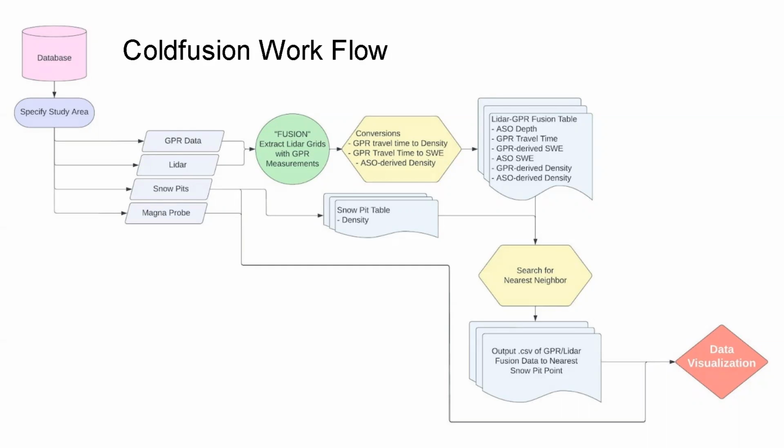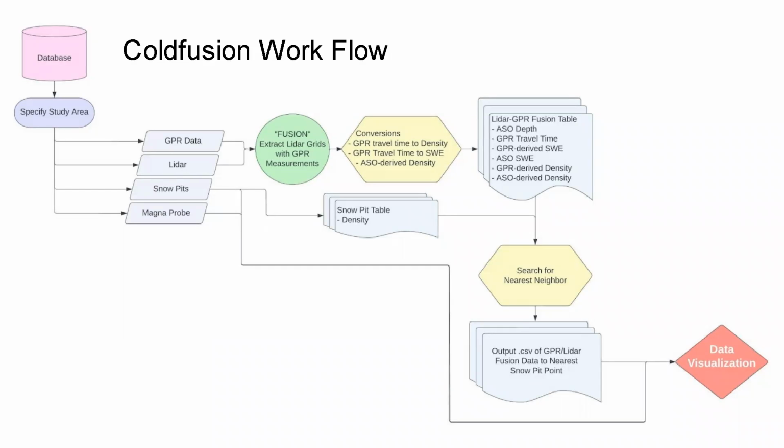So to make this a little bit easier to break down and understand for the rest of us, we put together this flowchart diagram like we saw in the last presentation, more or less just illustrating the steps we took to get here and cutting out so much of the nitty-gritty that went into it. From the database, we pulled out the GPR data, the ASO data, the snow pits, and the Magnaprobe. The GPR and ASO data went on to the fusion step, as we hear in our name.